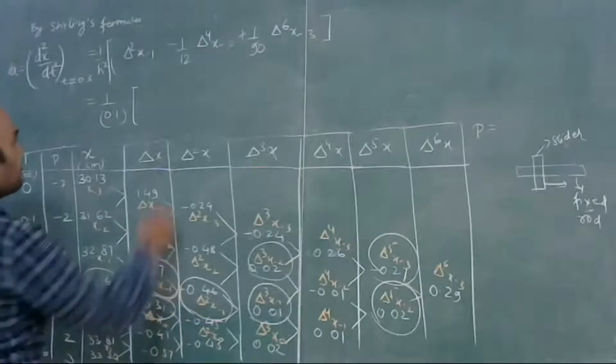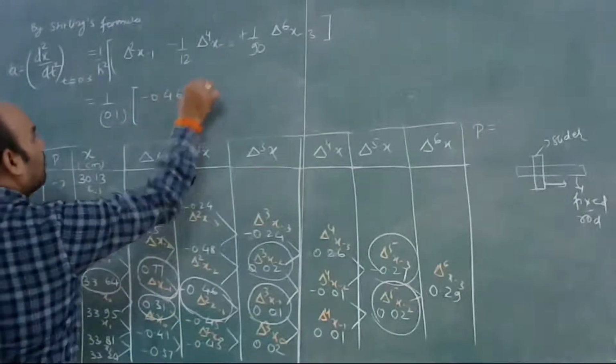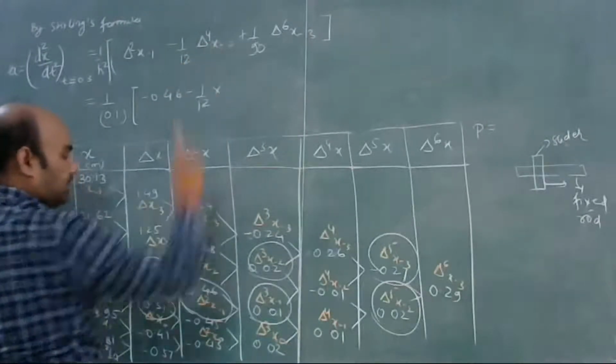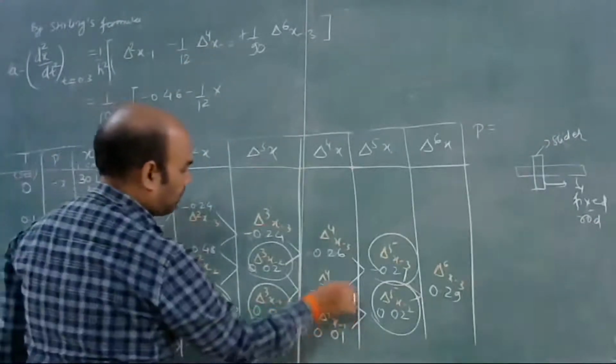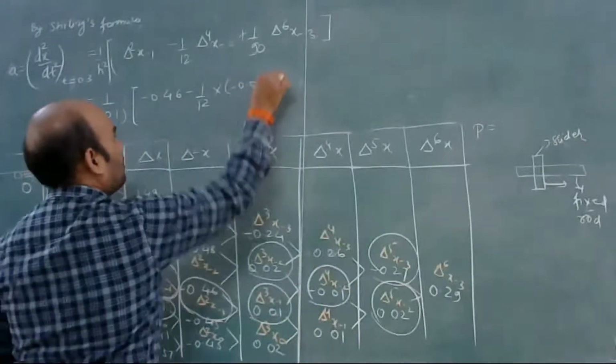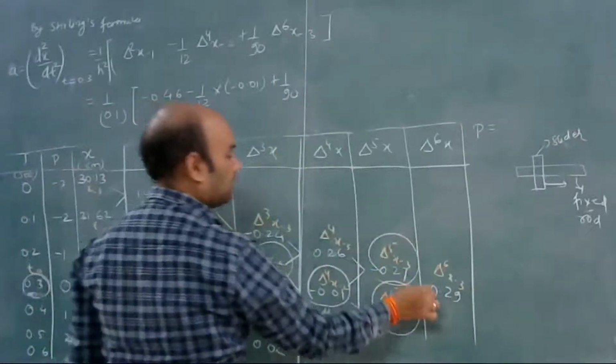So it is minus 0.46 minus 1 upon 12 into del to the power 4 y minus 2, minus 0.01, 1 upon 90 del to the power 6.